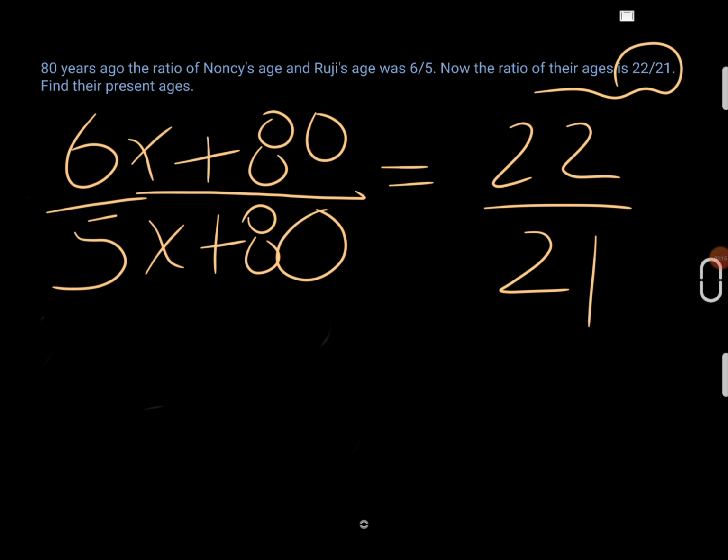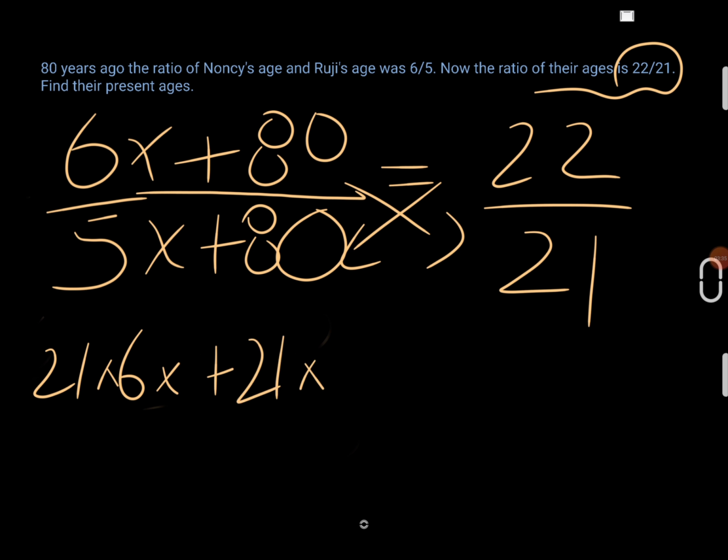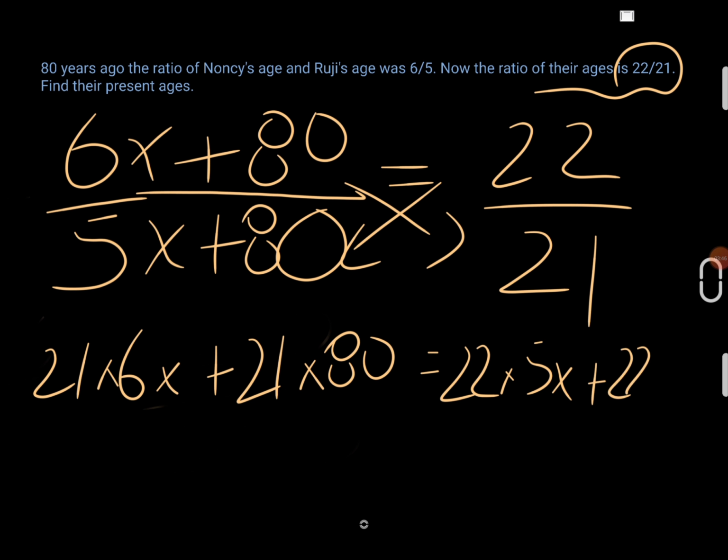Now how to solve this? You have already learned how to cross multiply, so just do that. It will be 21 into (6x plus 80) is equal to 22 into (5x plus 80).